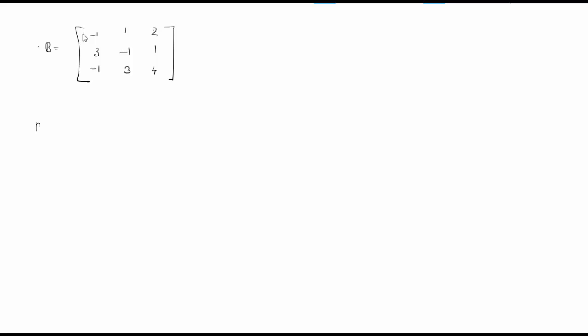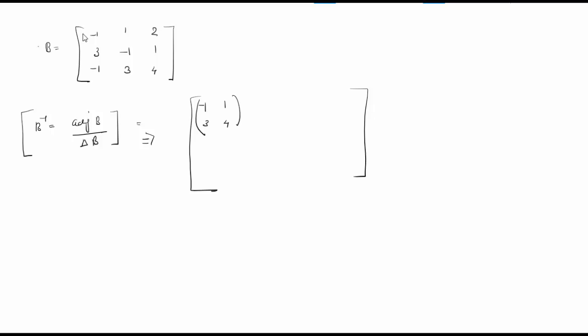So B inverse is equal to adjoint of B divided by delta B. So how to find the adjoint of the matrix can be found out by following these steps. The matrix can be written as minus 1 1 3 4. So I will have to solve this, and this will give me my A11 for my adjoint matrix.